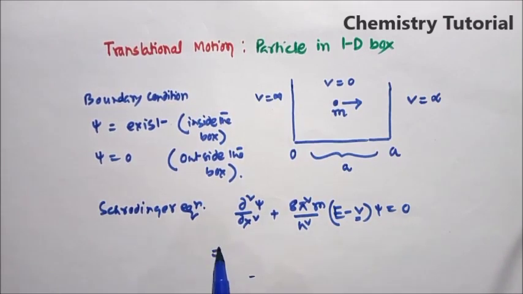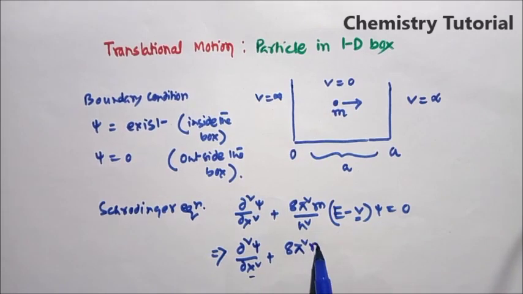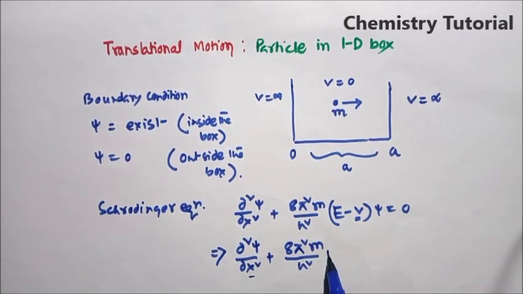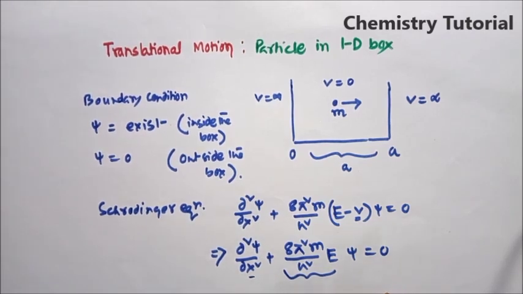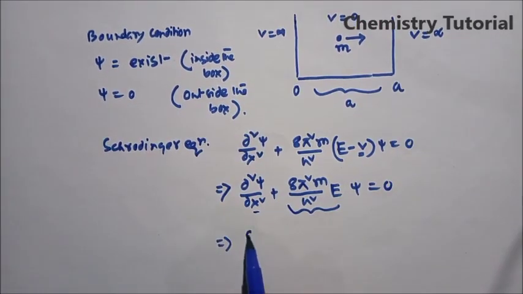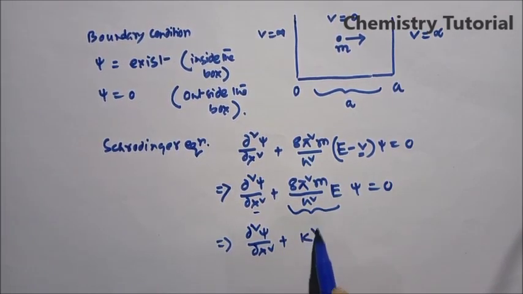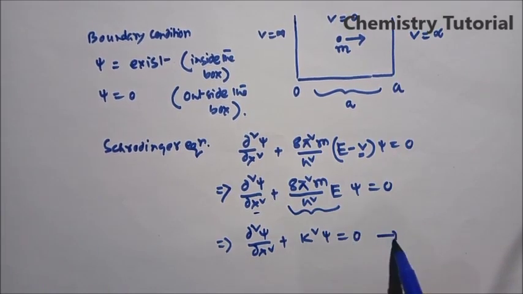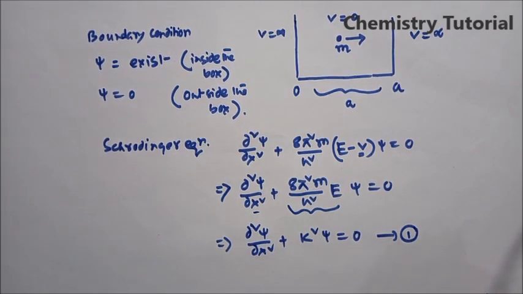So this can be written as d square psi by dx square plus 8 pi square m E by h square into psi. This portion we can write as k square. Then the Schrodinger equation for this system will be d square psi by dx square plus k square psi equal to 0. We number it as equation number 1.